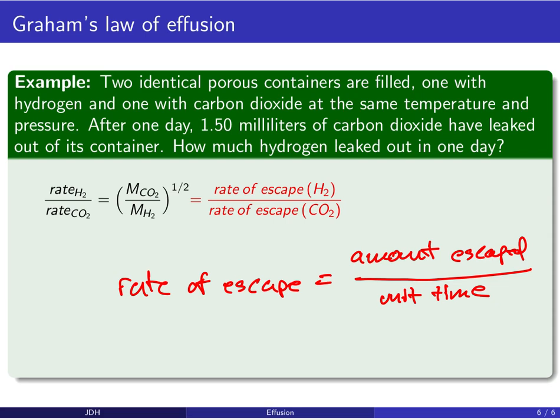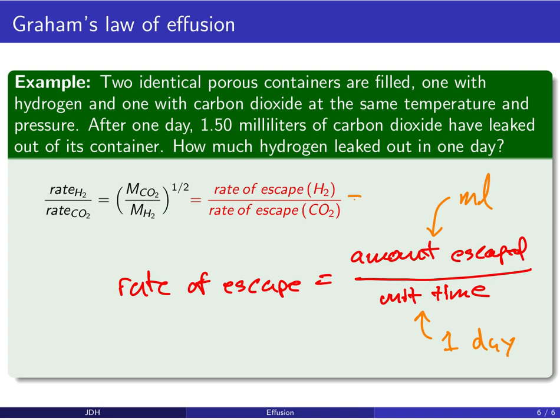All right, so we could set up an expression here using the units of the problem. We're told that the amount is measured in milliliters. The unit of time in this problem is 1 day, and the unit of time is the same.